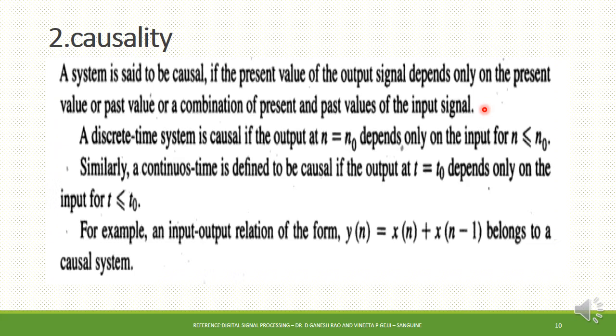The definition of causality is nothing but this: if we give an input to any system, then we get the output. A system is said to be causal if the present value of the output signal depends on the present value or the past value, or the combination of present and past values of the input signal.